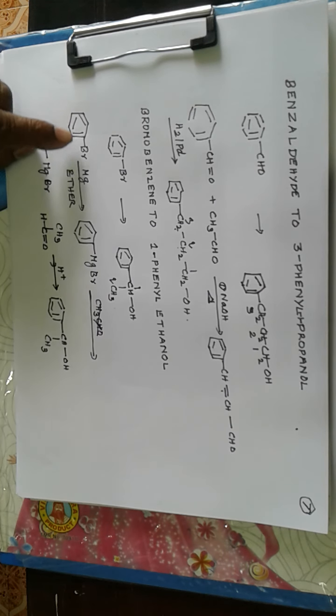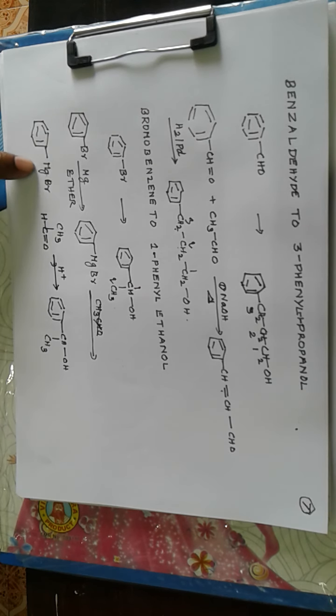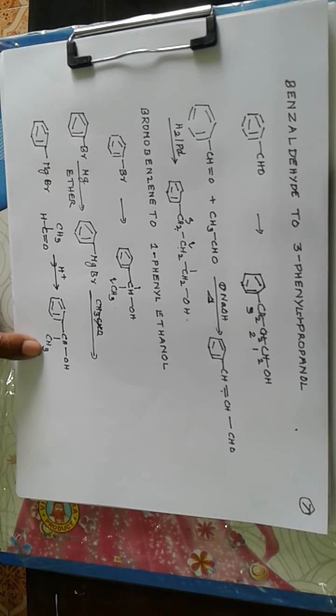Now this bromobenzene is treated with magnesium in ether to prepare its Grignard reagent, and the Grignard reagent on reaction with an aldehyde other than formaldehyde gives a secondary alcohol. So phenyl magnesium bromide with acetaldehyde, we get MgBr connected to O, then phenyl connected to this carbon, and then on acidification OMgBr is converted to OH, we get this compound. So that is 1-phenyl ethanol.